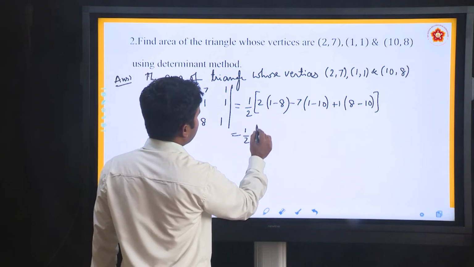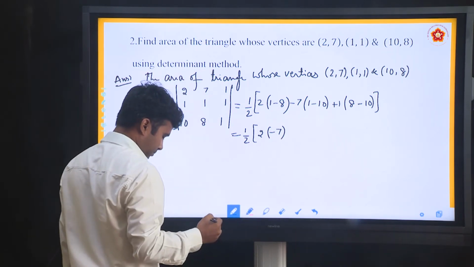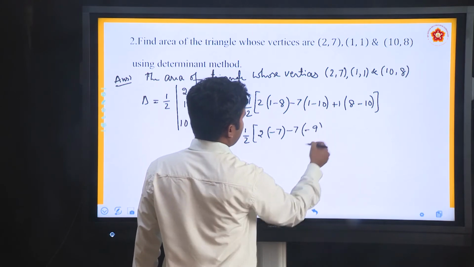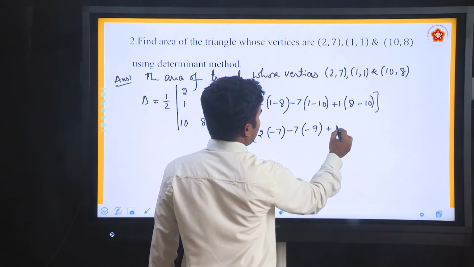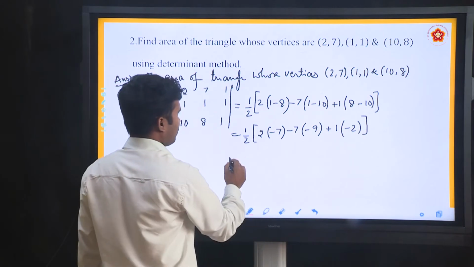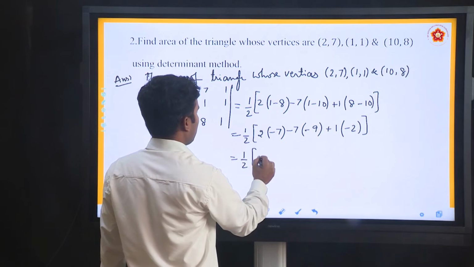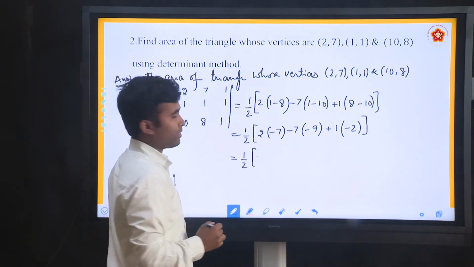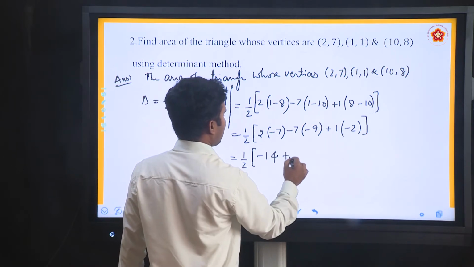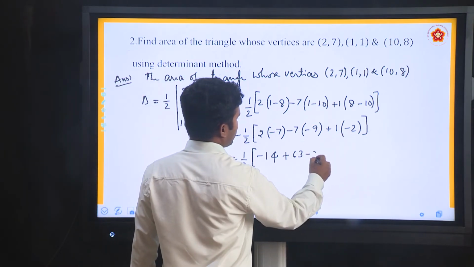So, half into 2 times, what is this? Minus 7, minus 7 into, what is this? Minus 9, plus 1 into, what is this? Minus 2. So, then which is equal to half into 2 into minus 7 is minus 14, minus 7 into minus 9 is plus 63, and this one is minus 2.